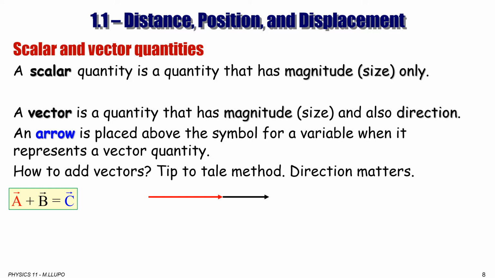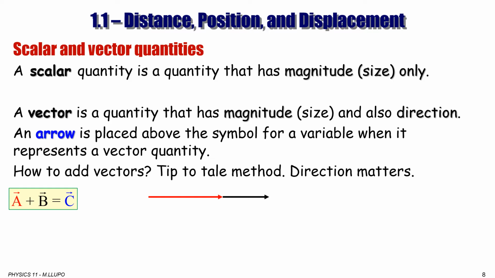Then, in order to add those vectors together, we can draw another vector which is a sum or a total of the two vectors. That vector has to start where the first vector starts, in this case where vector A starts, and should end where the last vector ends.